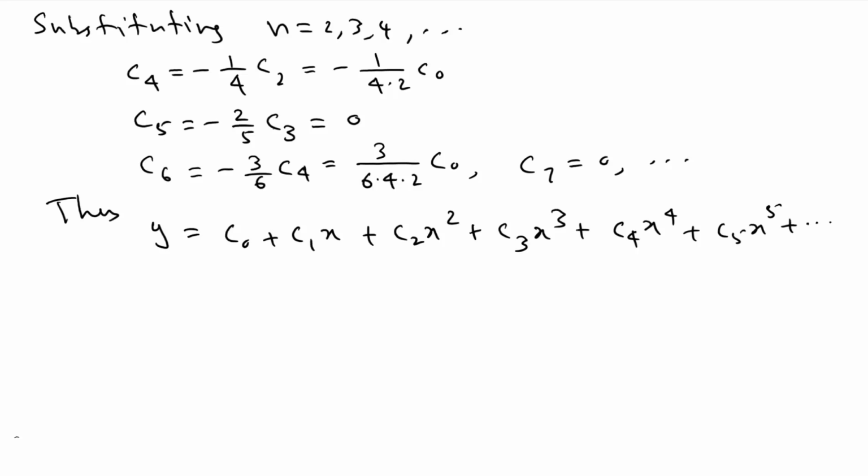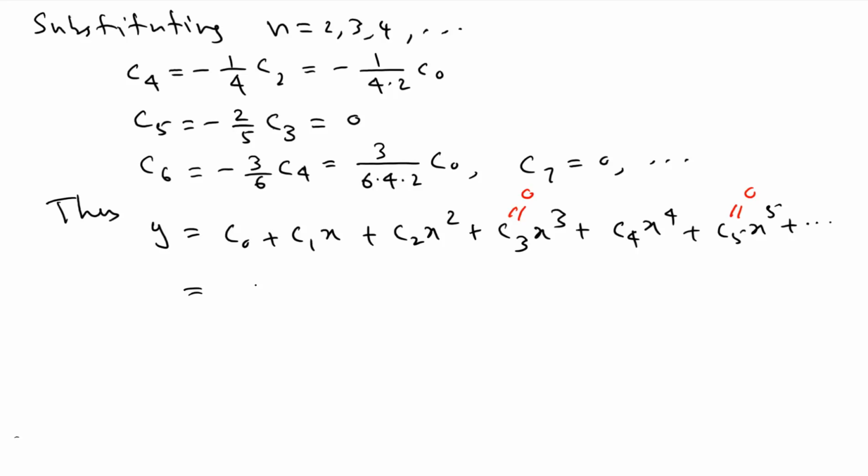But you can see some terms are 0. For example, c3 is 0, so it's gone, and c5 is 0, so it's gone. So what you have is just a few terms. Let's see what you're going to get now.